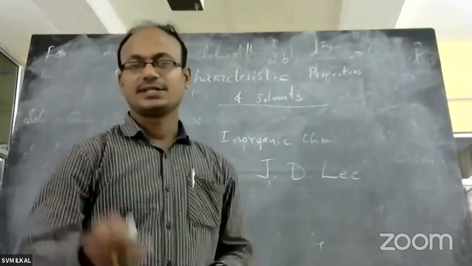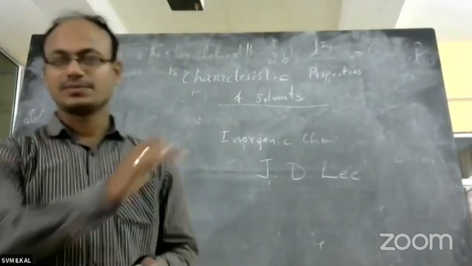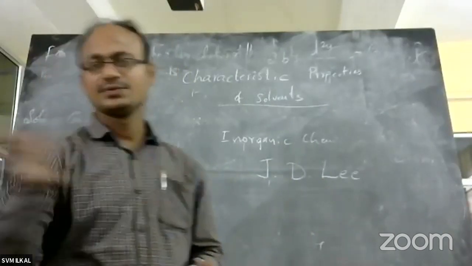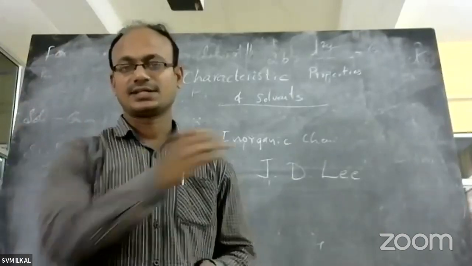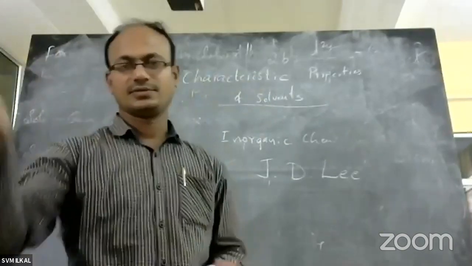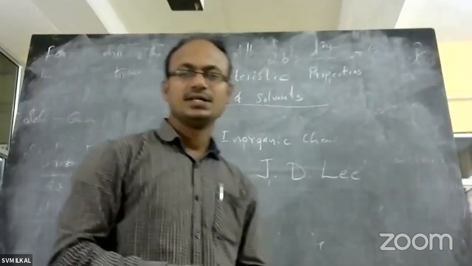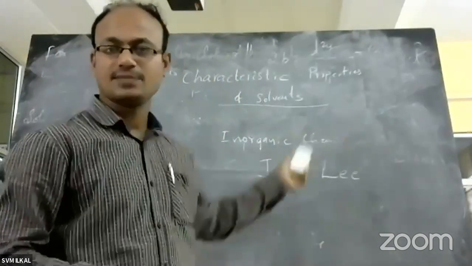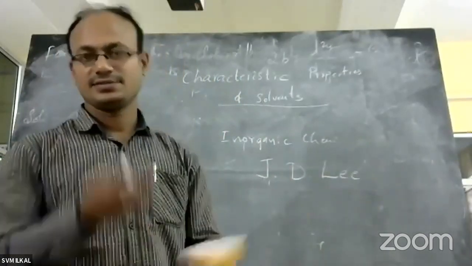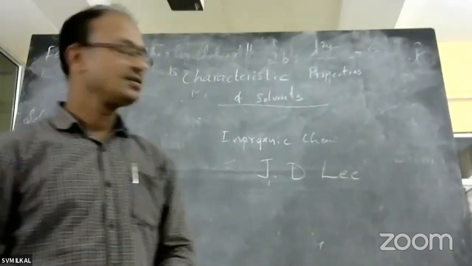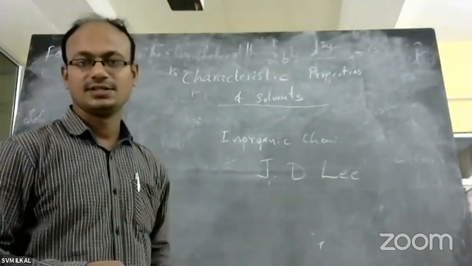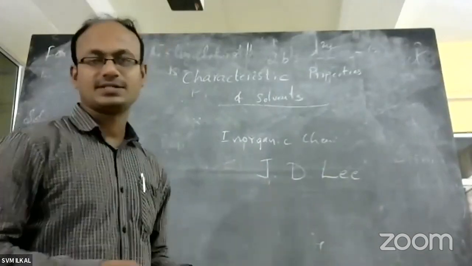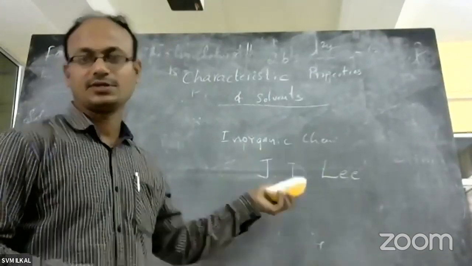You can download the textbook from a website. Simply search for free online textbooks, and various websites will come up. You can type the name, Inorganic Chemistry by J.D. Lee. You will get a PDF file. You just download and read it, for those who really want to understand the more fundamental basics about the elements, structures or molecules of inorganic chemistry.